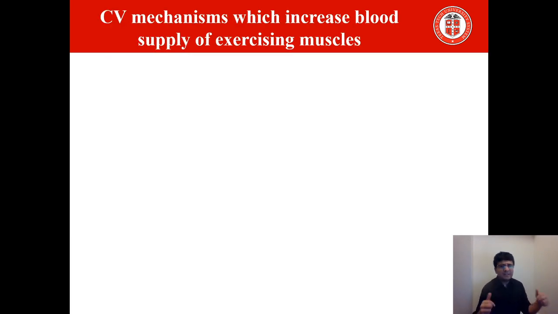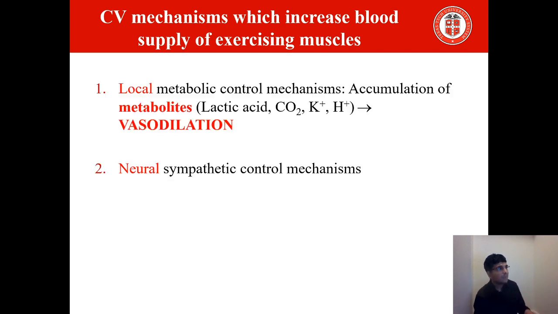Great. So in this slide, as I talked about at the beginning, we will very briefly summarize the mechanisms which alter when somebody exercises. And you can see that there is a role of local mechanisms as well as systemic mechanisms.